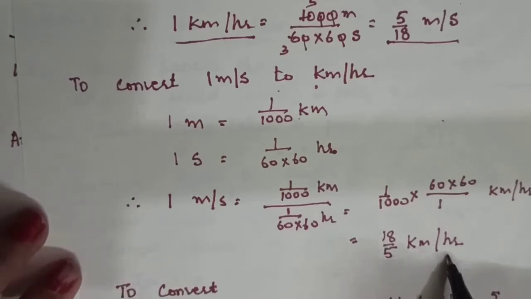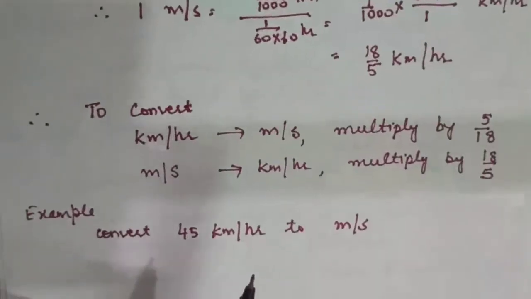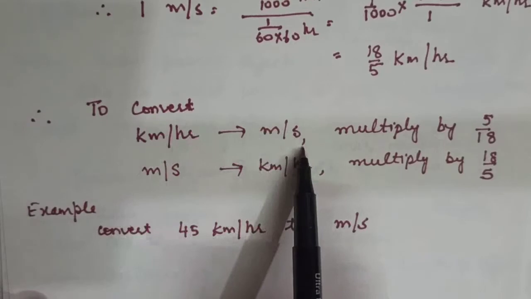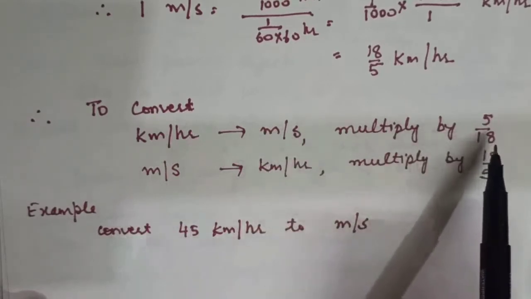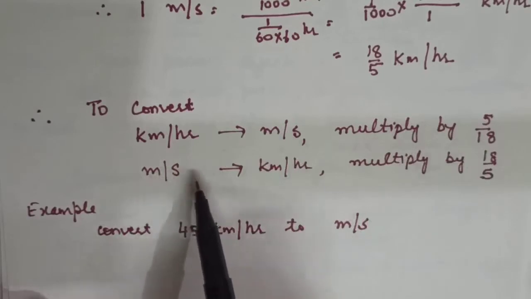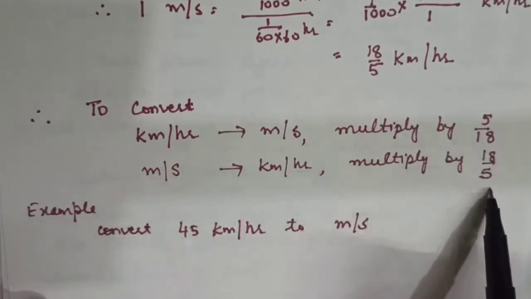What does this mean? It means when we have to convert the unit of speed from kilometer per hour to meter per second, we multiply the speed with 5 on 18, and same way, from meter per second to kilometer per hour, we multiply by 18 on 5. How will you remember this?